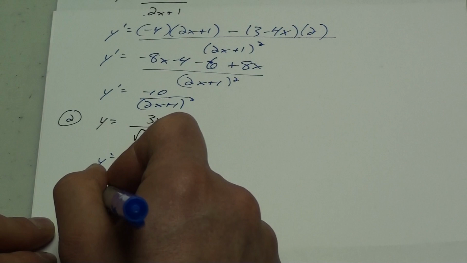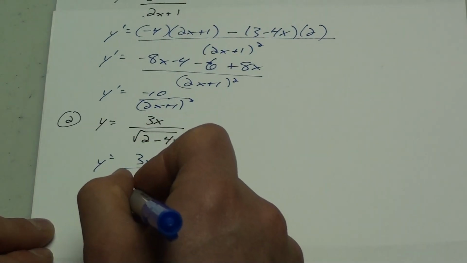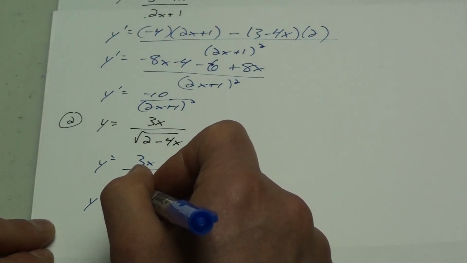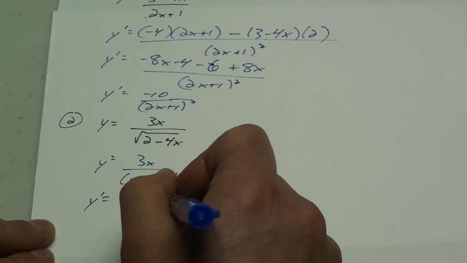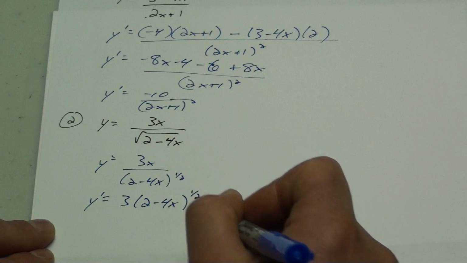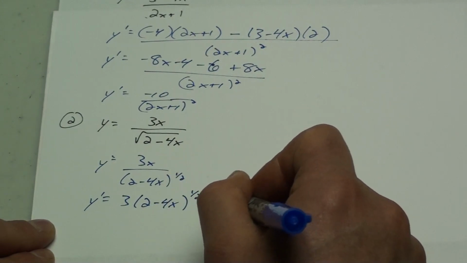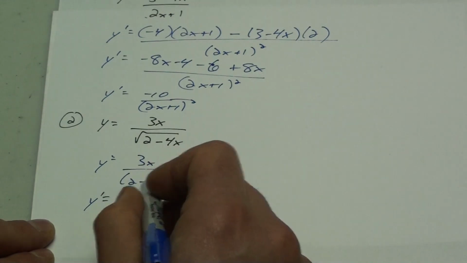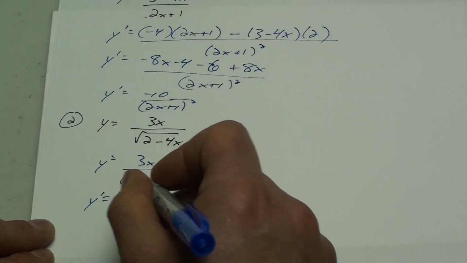So let's follow the quotient rule. The quotient rule goes derivative of the first times the original of the second, of the bottom, subtract the original of the top, derivative of the bottom. So the derivative of the bottom in this case is a chain rule.